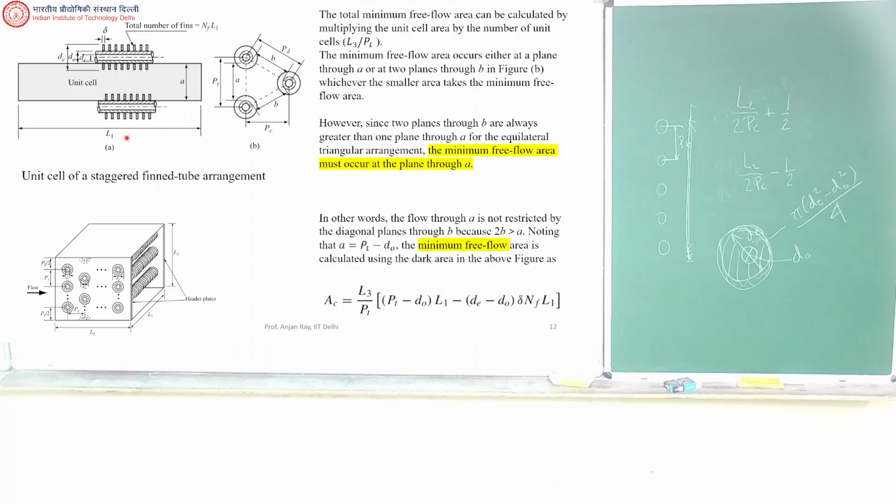If this is the first row, then this will be a tube belonging to the second row. Now the open area can be estimated like this. So this is the free flow area, this minimum free flow area we call it. This area is given by this. So we are calling it AC. AC is basically that shaded area.